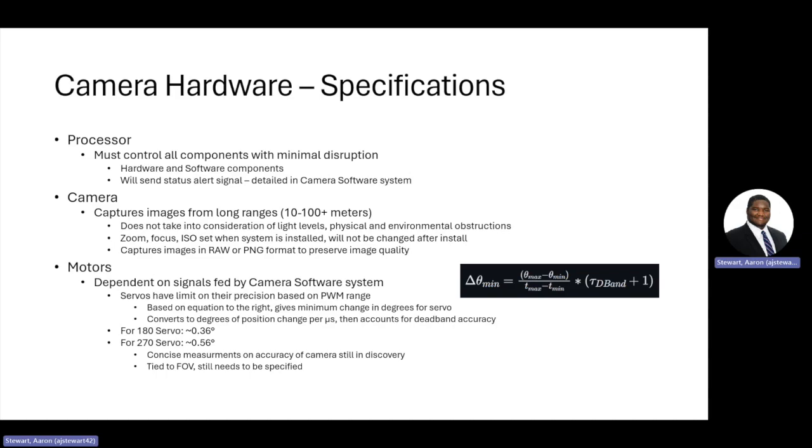More math and more discovery will have to be done on that because we don't have the manufacturer specs for the field of view. So we need to do a little math and some well-educated guesses based on other camera modules, and see what we are looking at in terms of accuracy as you change your motor position.